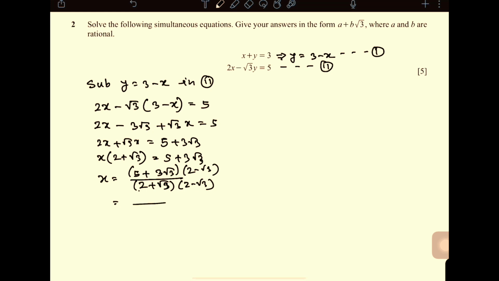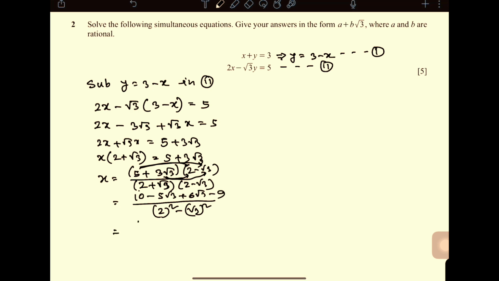So we can directly write 2 squared minus root 3 squared. And the upper one, we can multiply 5 with 2, then 5 with root 3, same as 3 root 3 with 2 and 3 root 3 with root 3. So 10, then minus 5 root 3 plus 6 root 3, then root 3 times root 3 will be 3, 3 times 3 is 9, so minus 9.